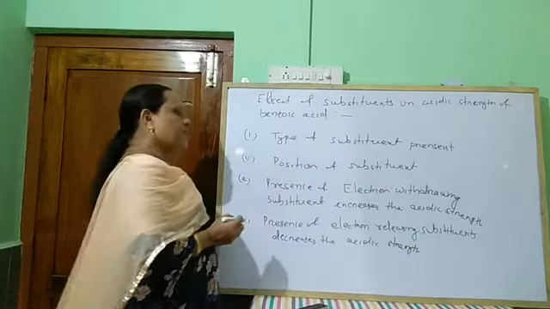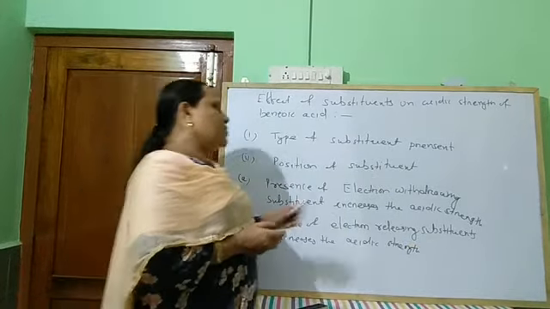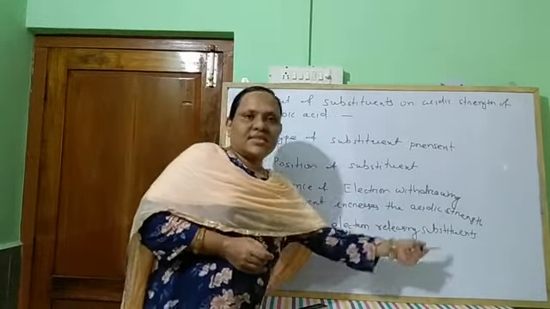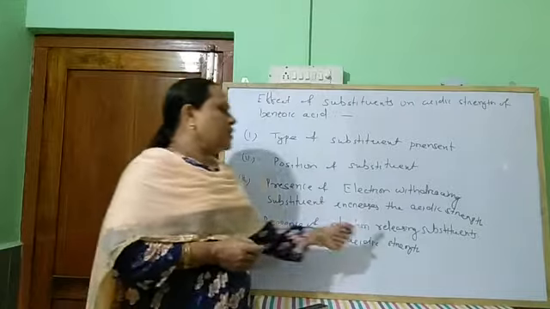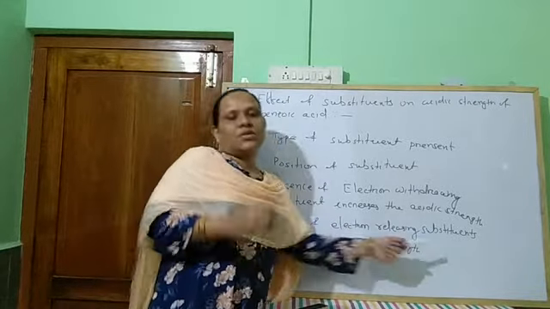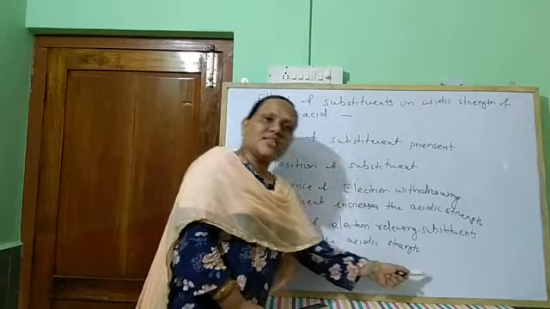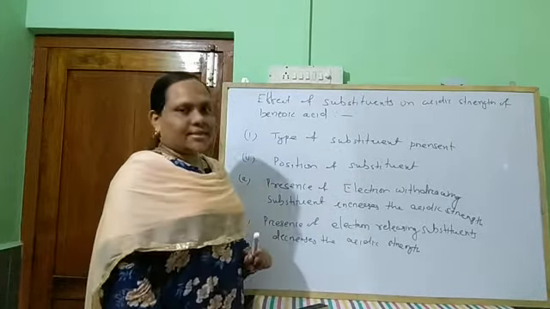Okay, remember here. So the presence of electron withdrawing substituents with the minus I effect increases the acidic strength, and the presence of electron releasing or electron donating substituents decreases the acidic strength of benzoic acid.